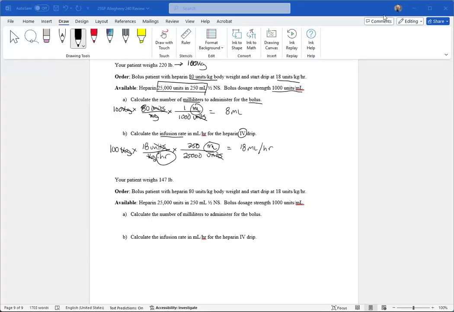Rachel, go ahead. This probably is stupid, but whenever I converted the weight to kilograms, it was like 66.8181. Should I round, like 66.82? So remember when we're doing our rounding rules, any number greater than 1 we round to the nearest tenth.